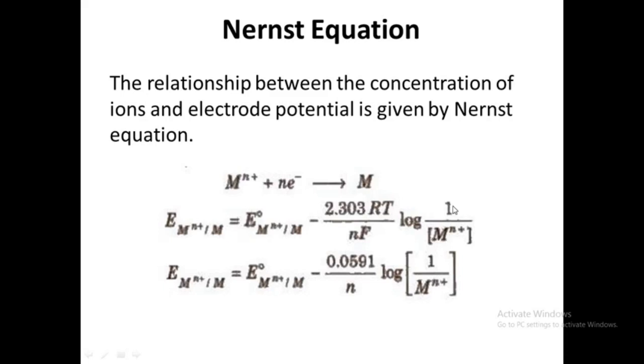In the case of the pure metal, the concentration is considered as 1, therefore 1 divided by the concentration of M n+ ion.